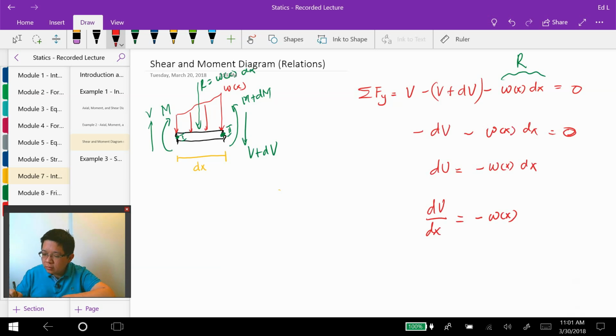This w(x) is w as a function of x, instead of w multiplied by x, so please differentiate.